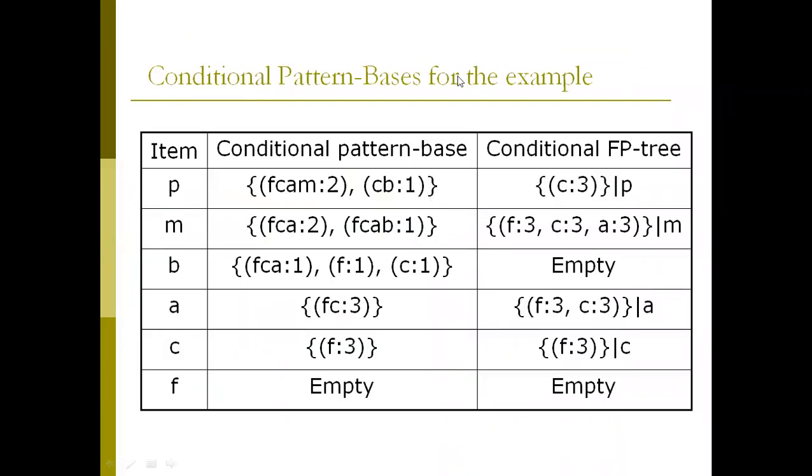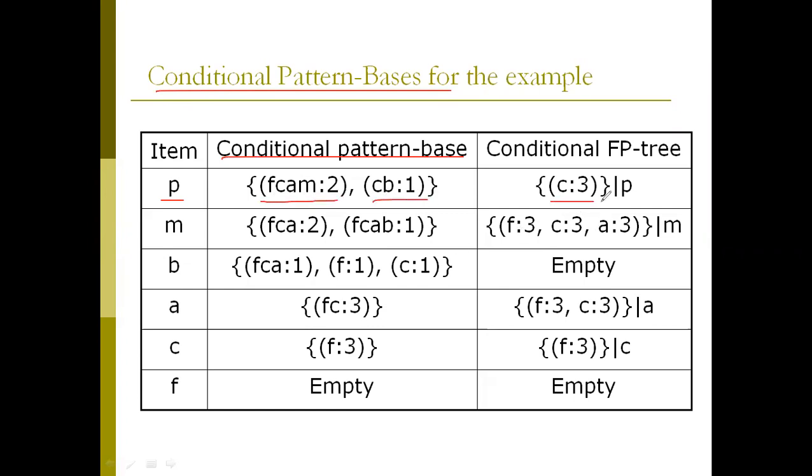Now this is the final table for the mining of frequent patterns, the conditional pattern base for individual item sets. For P, as we have already seen, it is FCAM:2 and CB:1.